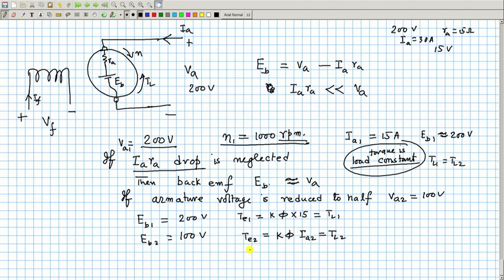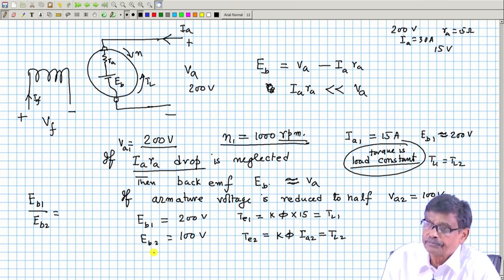Then what you should do is this: you should write down these two equations, one is the torque equation and one is the back EMF equation, and take their ratios. That is all you have to do while solving DC machine problems.